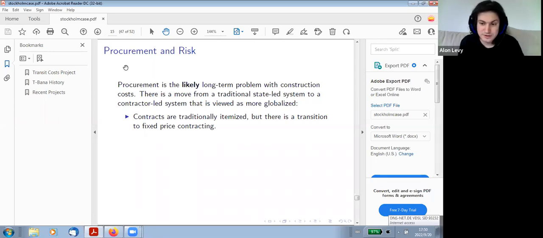When you itemize, I think they study road projects in Boston, you end up having lower overall costs because it's easier to figure out why the change is happening. Maybe the change is happening because you assumed wages would be X and now wages are Y because of further economic growth. Yeah, that's already in the contract. It's usually already itemized because of union agreements, but you can also itemize much more than that.